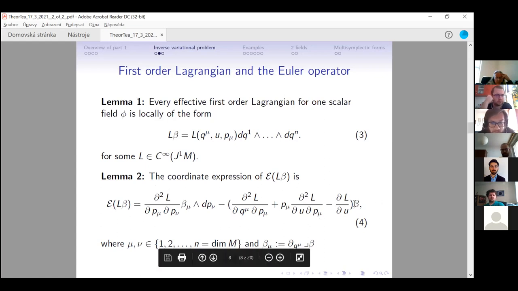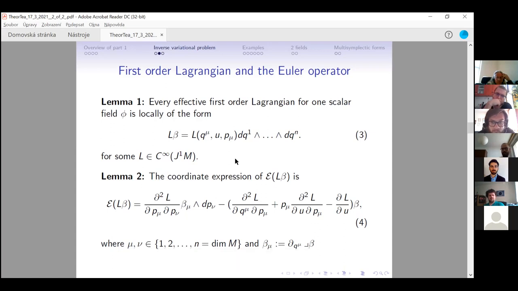I only remind you that beta is dq1 up to dqn, and beta mu is the contraction of beta with partial q mu. So beta 1 would be dq2, dq3 up to dqn. Beta 2 would be minus dq1, dq3 up to dqn.